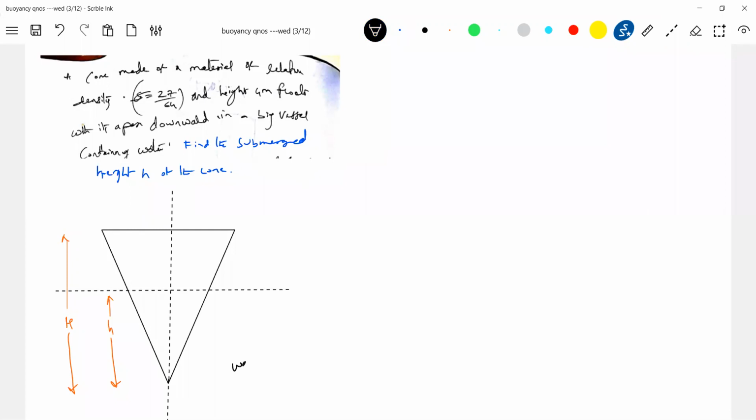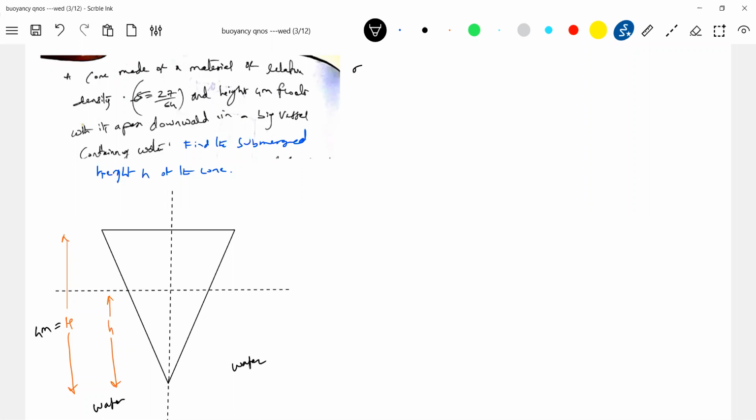So everything here is water. This height is how much? 4 meters. They're asking what is that height h. So what do you mean by sigma? Sigma is the relative density. So what is the actual density of the substance?